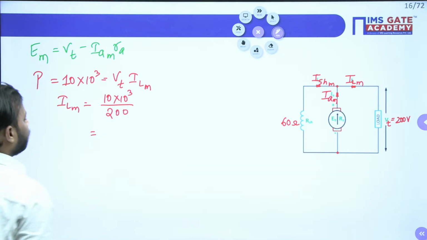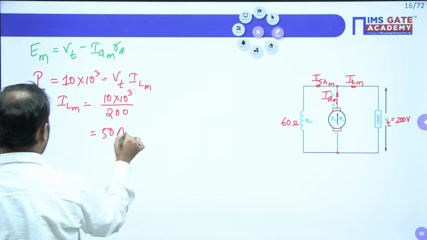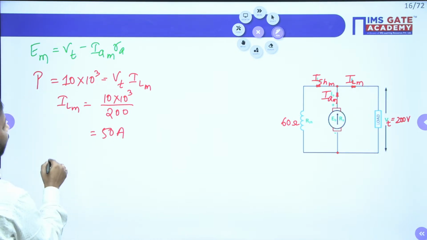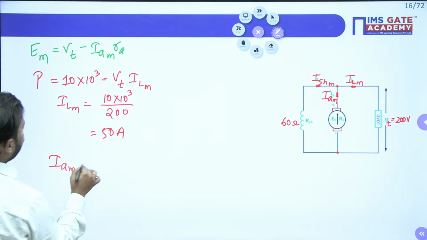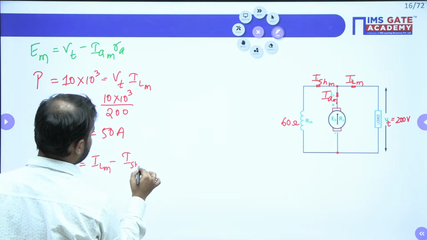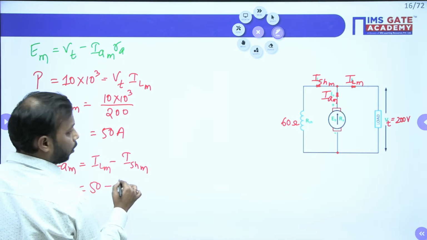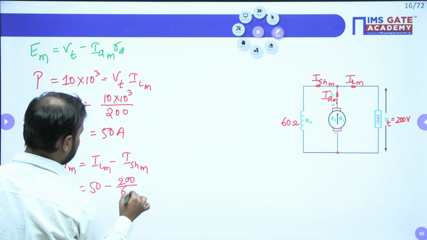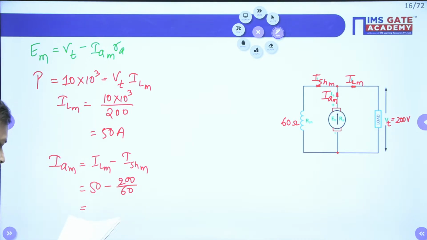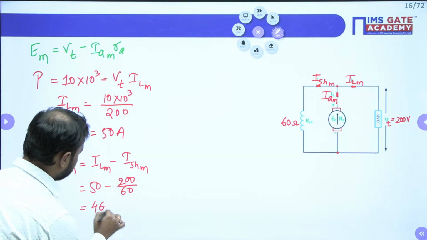From here we get 50 ampere. Now in the same way I can calculate IAM. This is equal to ILM minus ISHM, which is 50 minus 200 by 60, and this is 46.67 ampere.